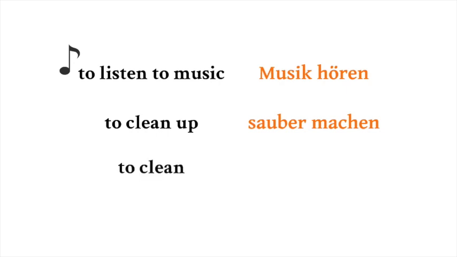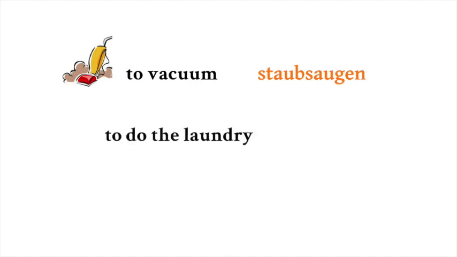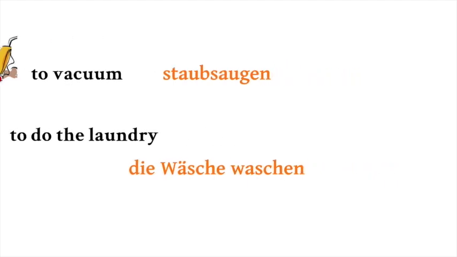But if you want to say to clean, then you would rather use the verb putzen. Musik hören, sauber machen, putzen. To vacuum, staubsaugen. And to do the laundry, die Wäsche waschen.